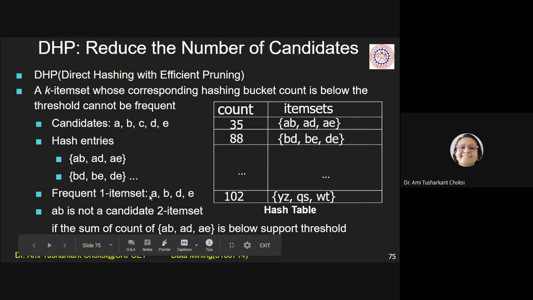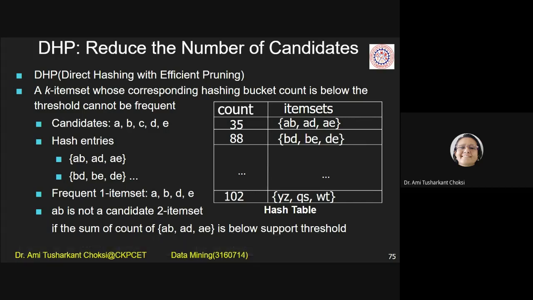Frequent one-item sets are, say, A, B, D and E. AB is not a candidate two-item set if the sum of the counts of AB, AD, AE is below the support threshold.